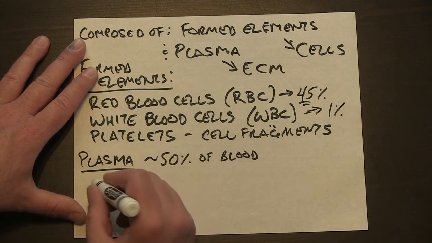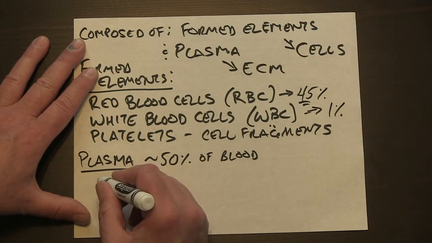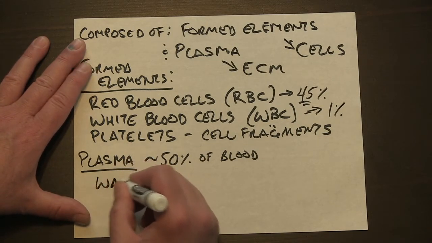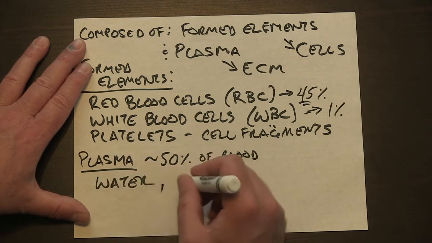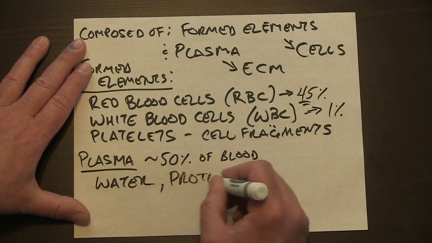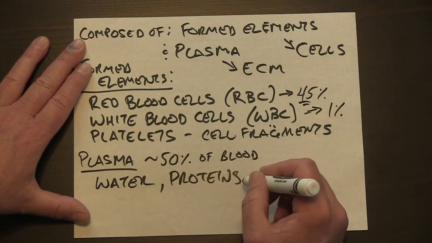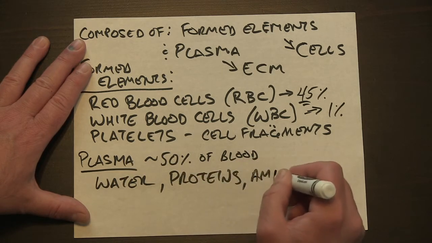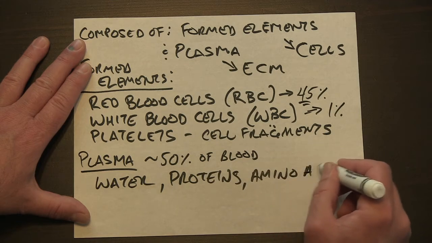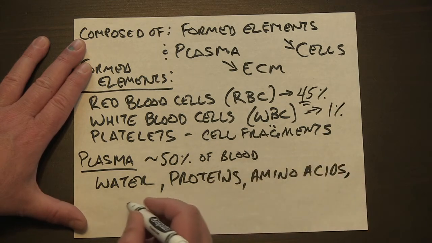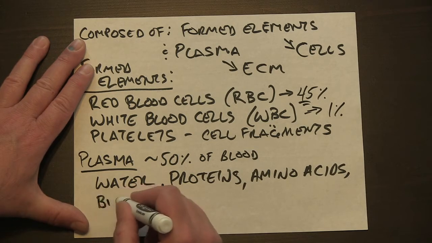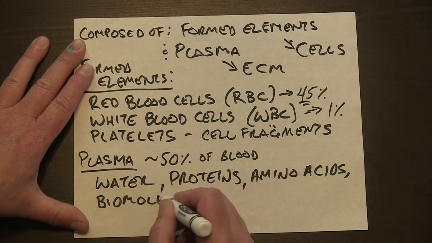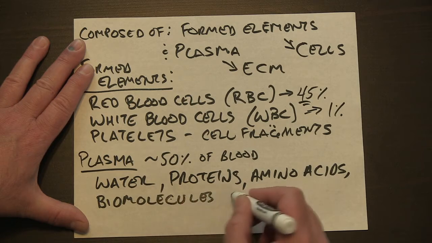And plasma is made up primarily of water, about I think 92%. It's also got some proteins that are dissolved in it, amino acids, and different biomolecules. Let's just call them biomolecules.